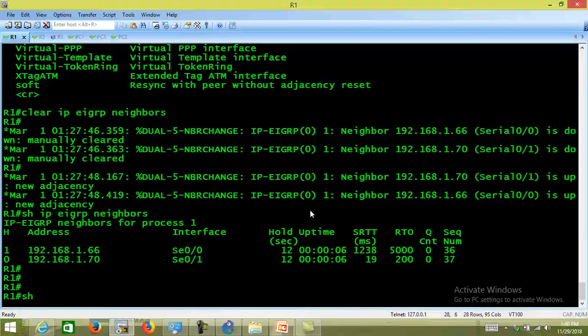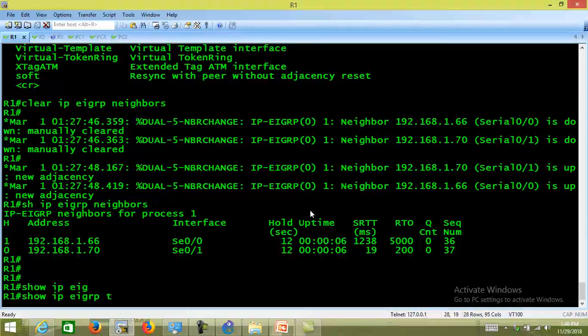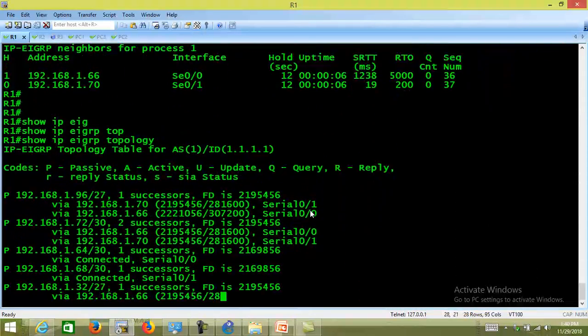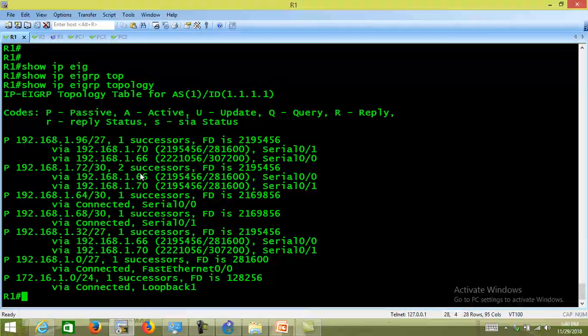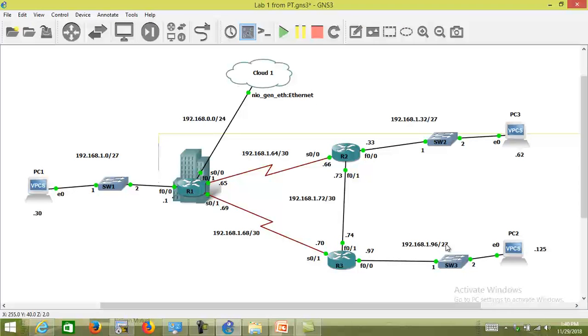So if I type show ip eigrp topology, you can see, if you take the network in question, the LAN of R3, my router 1 is learning about it through router 2 and router 3, because we have since added this backup link.